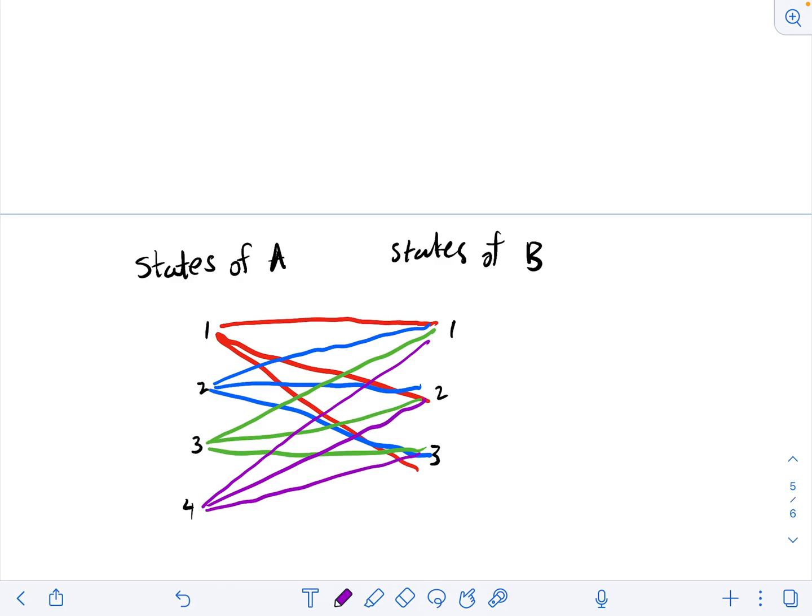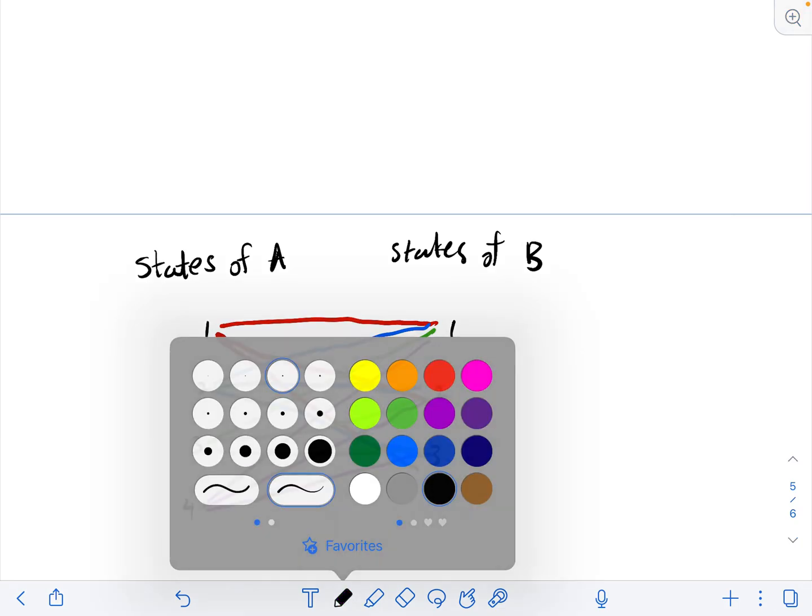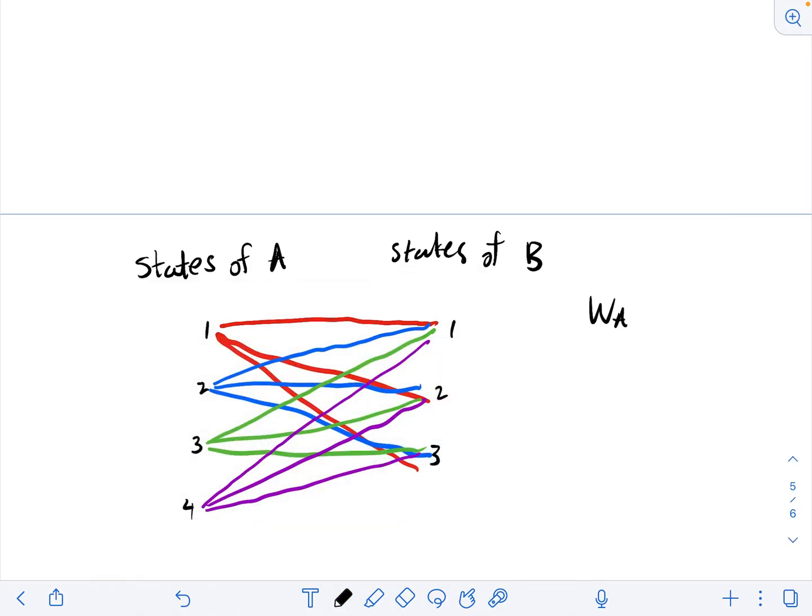If you count the number of lines which determine the state of the composite system, there's 12 of those lines. In this case, WA is 4, and WB is 3, and the composite system is 12. And so 4 times 3 is the 12.